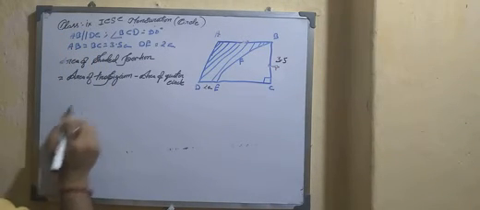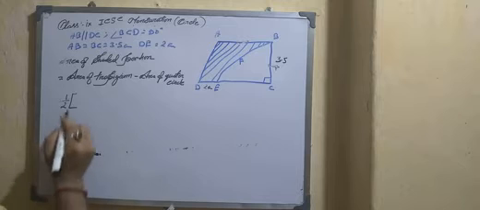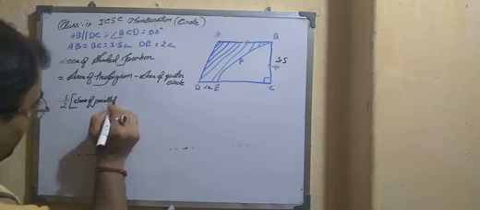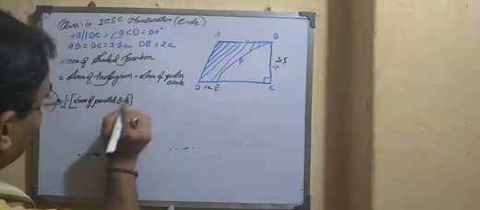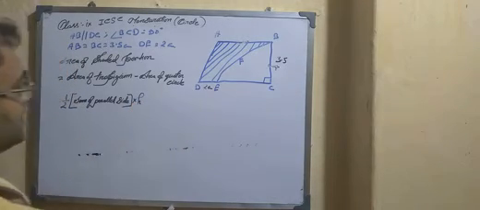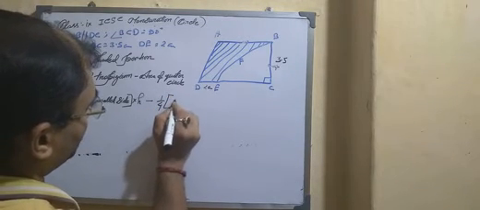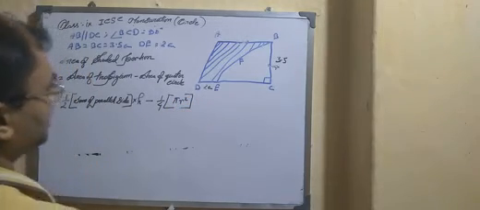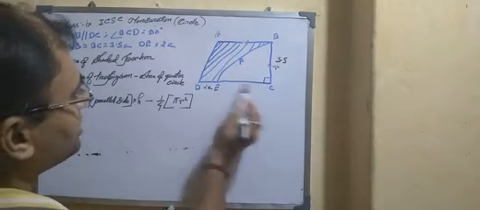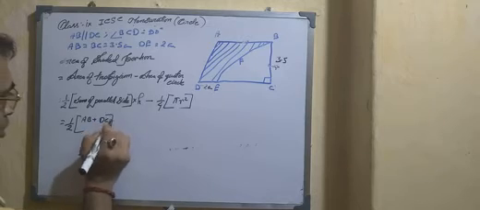At first, to find the area of the trapezium: area of the trapezium equals half the sum of parallel sides into the distance between them, or height h, minus the area of the quarter circle, that is 1/4 pi r square. Half sum of parallel sides means AB plus DC, into height.